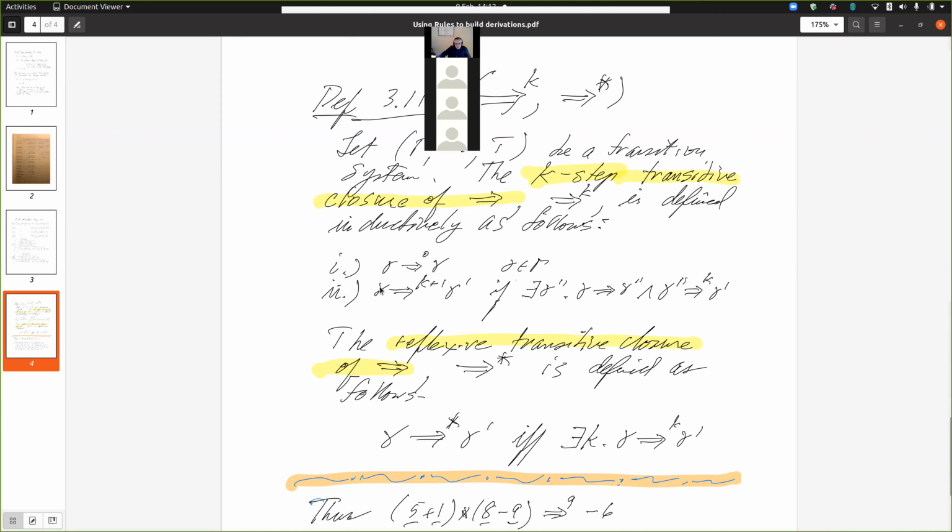And gamma goes in K plus 1 steps to gamma prime if there's some state gamma double prime such that gamma goes in 1 step, using the base relation, to gamma double prime, and gamma double prime goes in K, which is 1 fewer steps, to gamma prime.